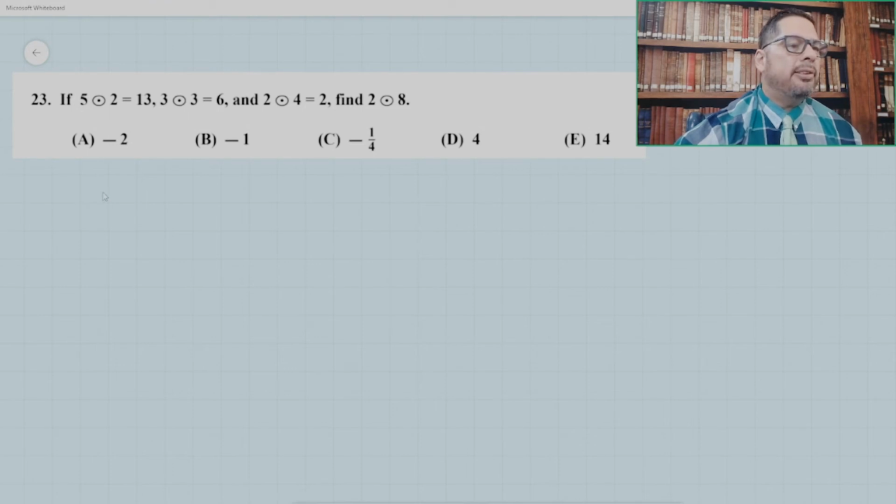And they have a defined operation, a little variation on it. They give you some inputs and outputs, and they ask you to find 2 circle dot 8.